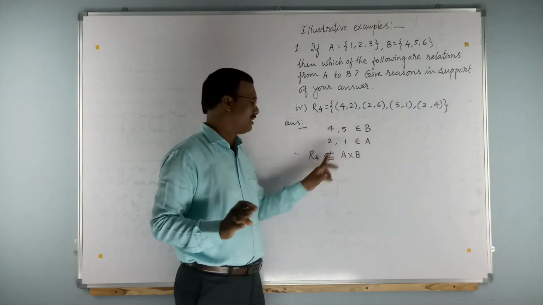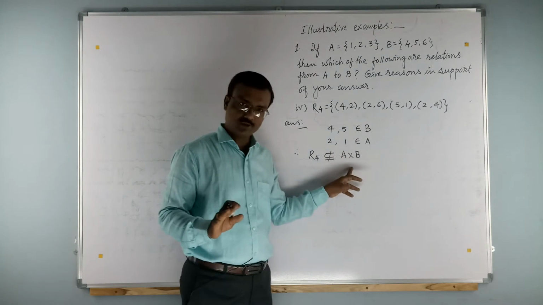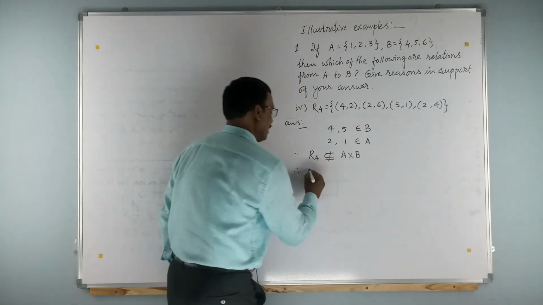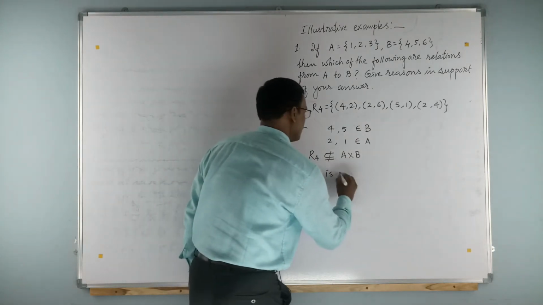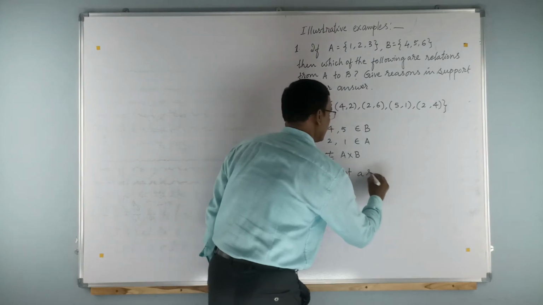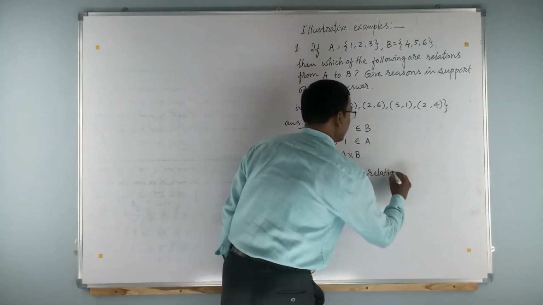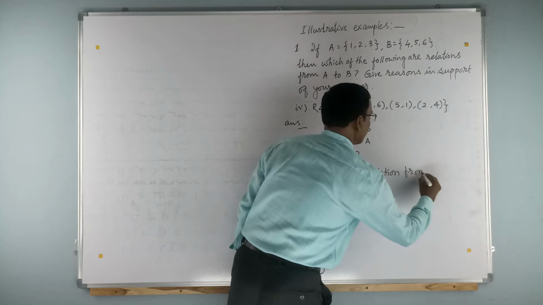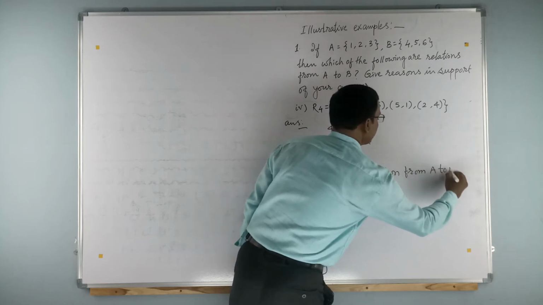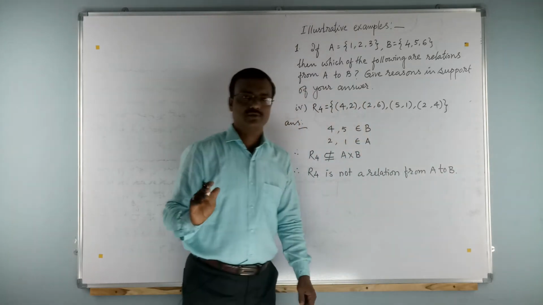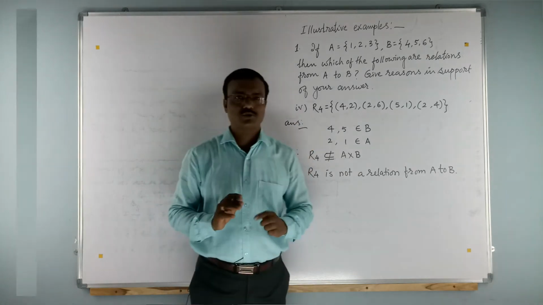So that's why R4 is not a subset of A cross B, and that's why R4 is not a relation from A to B. That's all for the first question.